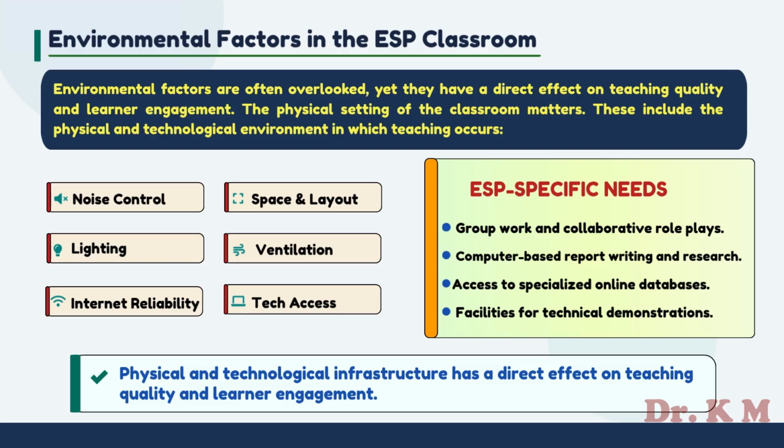Classroom conditions: noise and space, lighting and ventilation, technology access, internet reliability, learning resources. In ESP, the environment may need to support specialized tasks. For example, learners may need to work in groups on role plays, use computers for report writing, access online databases, or watch technical demonstrations. If the environment cannot support these activities, course delivery becomes difficult.